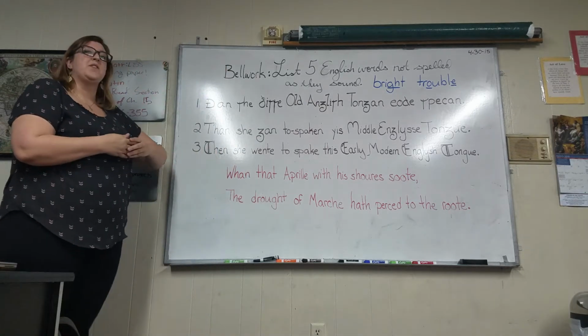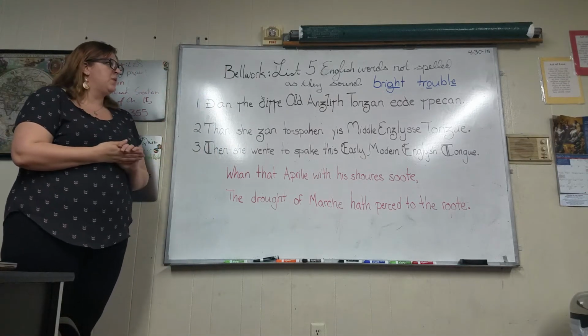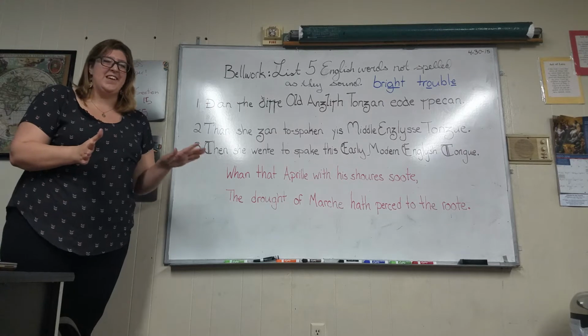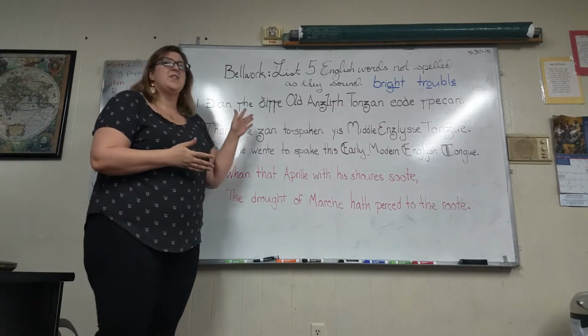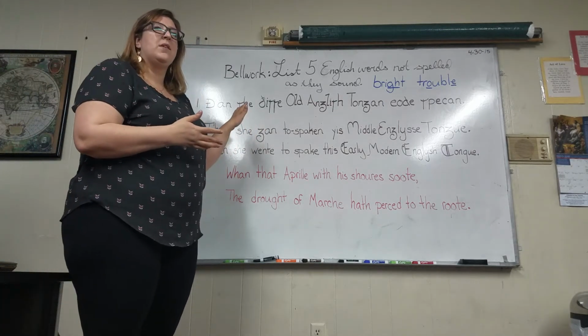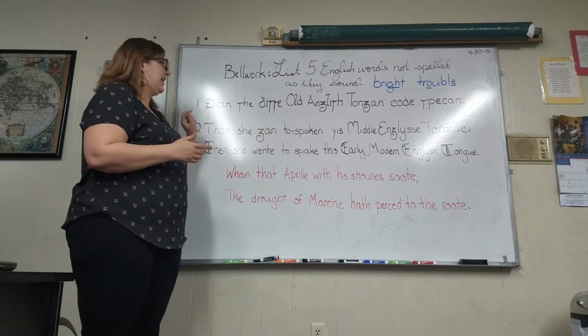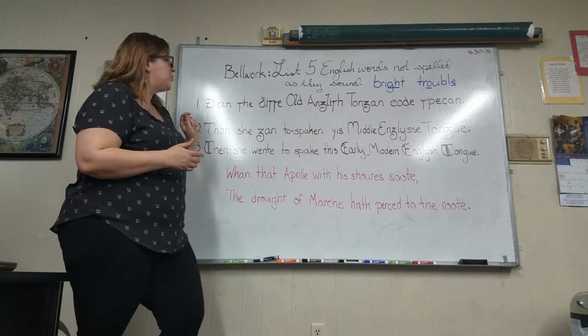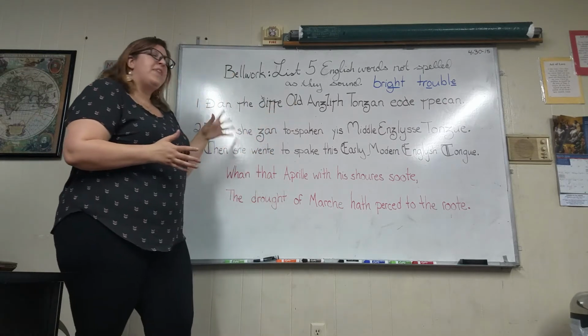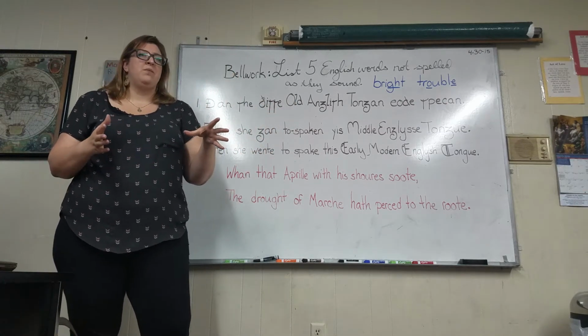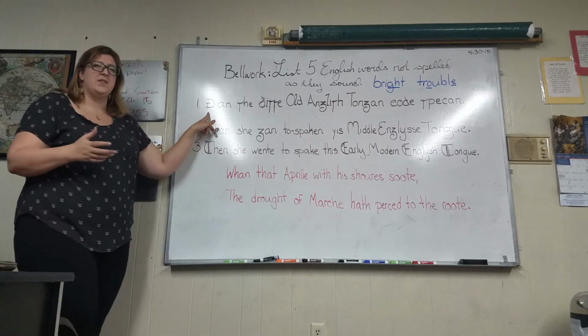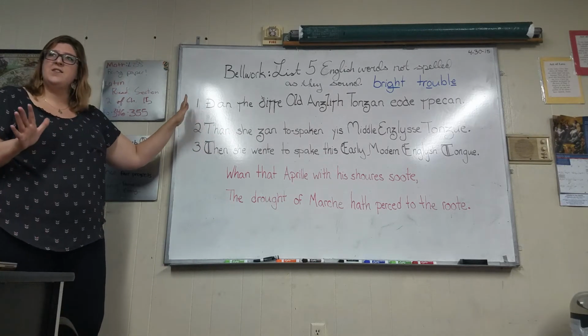So please look up at this board, copy down this first sentence. It's a bit strange, I promise it is a sentence. What's the first thing you notice about this? Yes, Mr. Alton, there are a few letters in here that we do recognize. The A, the H, the O, but then we have a few ones that are strange. Anyone want to hazard a guess as to what this D with a T inside of it is?